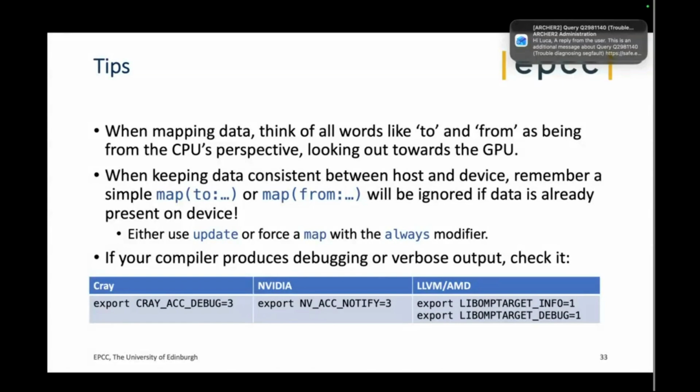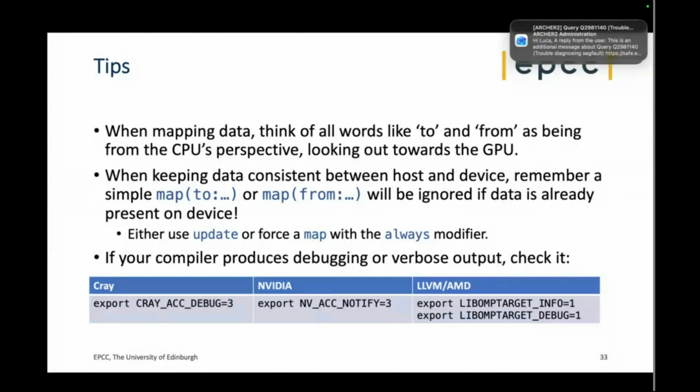for some common compilers. So for Cray, which is what we have on ARCHER2, it will be the CRAY_ACC_DEBUG environment variable, for NVIDIA NVCOMPILER_ACC_NOTIFY, and for Clang and most compilers which are based on LLVM, which includes the AMD compiler, it will be the LIBOMPTARGET_INFO environment variable.